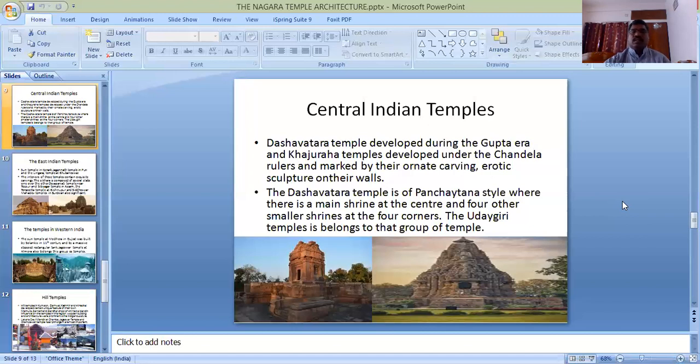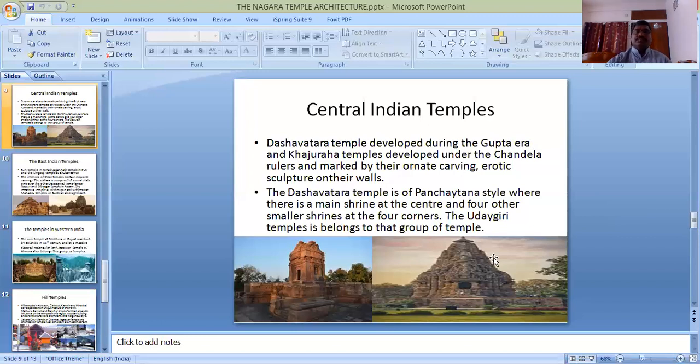The Dasavatara temple is of Panchayatana style, where there is a main shrine at the center and four other smaller shrines at the four corners. The Udayagiri temples belong to that group of temples.